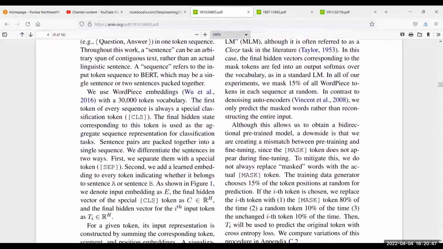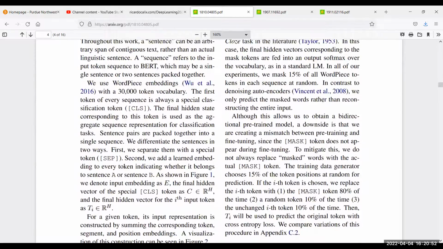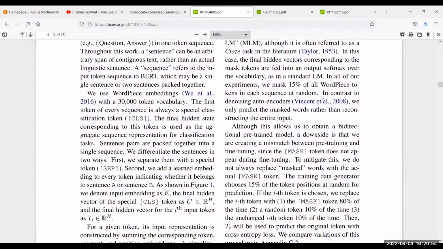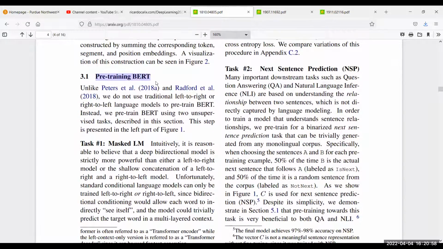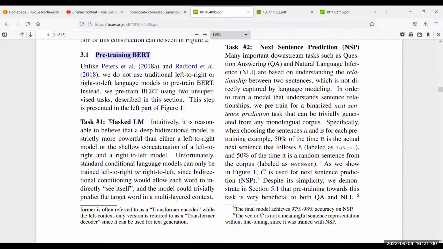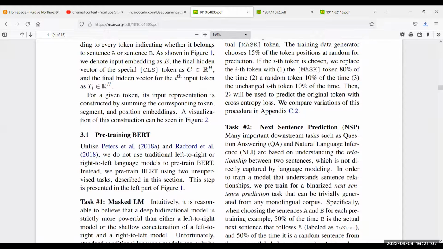So we've already talked about inputs and outputs last week. We talked about in the pre-training phase, remember that BERT has two objectives, the masked language model, task 1, right? So we talked about this, and then the next sentence prediction, or task 2.